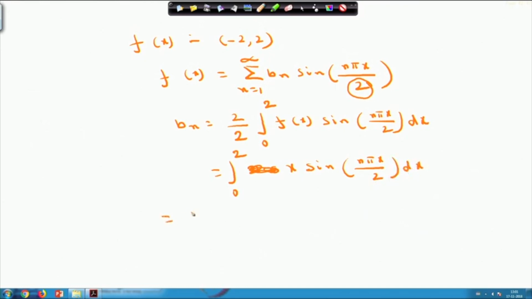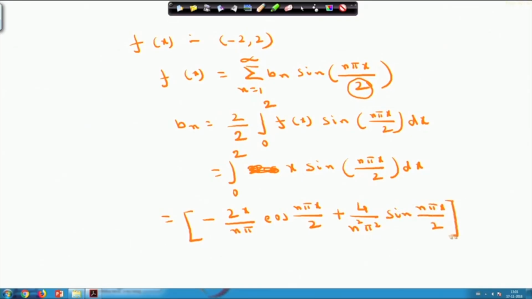If I integrate it, I am just writing at a glance minus 2 x by n pi into cos of n pi x by 2 plus 4 by n square pi square into sine of n pi x by 2, where x will vary from limit 0 to 2.